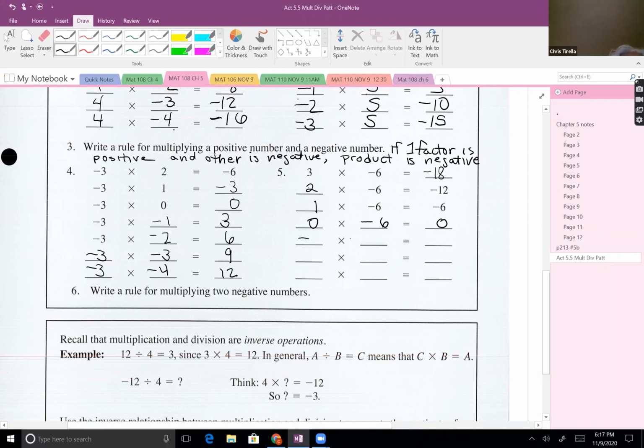And so to keep up with that pattern, this would be positive 6. Negative 2 times negative 6 would be positive 12. And negative 3 times negative 6 would be positive 18. And so what would you tell me about the product of 2 negative numbers? Positive. The product of 2 negatives is positive.